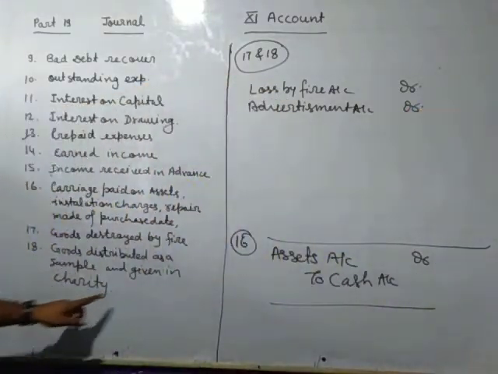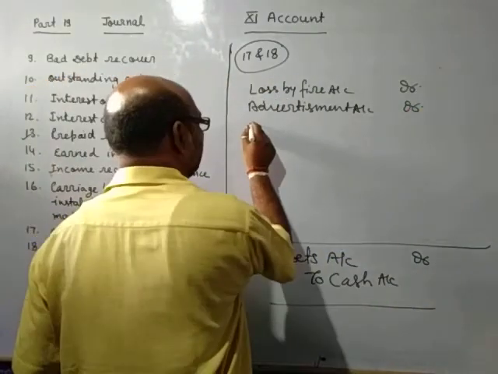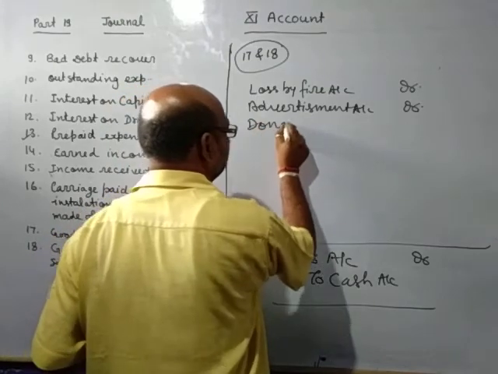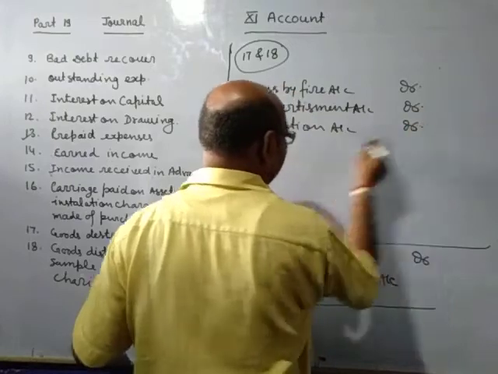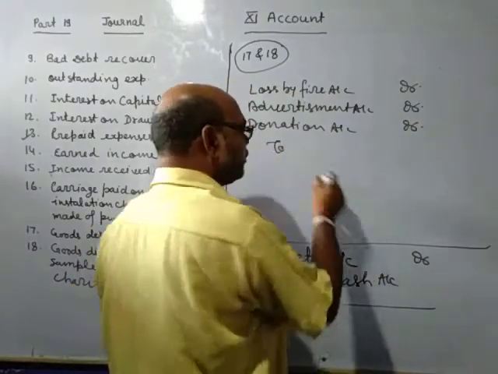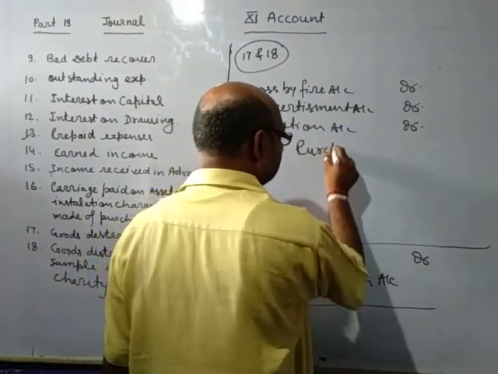For example, goods given in charity, so donation account debit. And in all cases, the goods go out, so credit to purchase account.